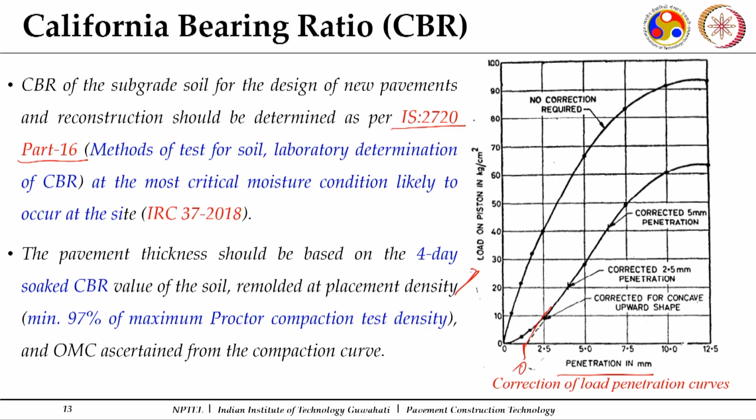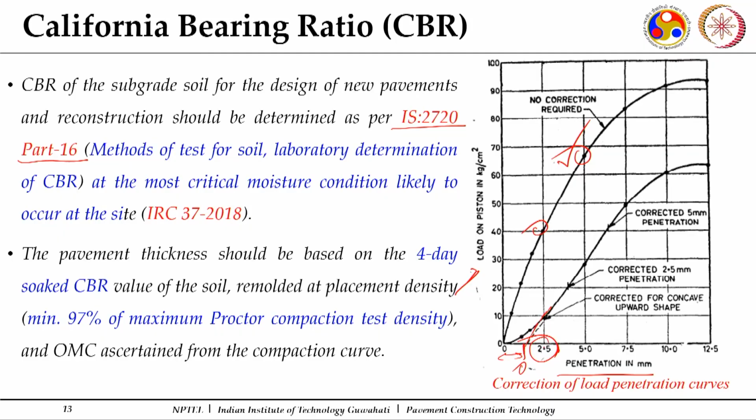So, the load-penetration curve needs to be examined to see whether a correction is required or not, and then you look at the load corresponding to 2.5 mm. Once the correction is applied, this value will shift slightly by the amount of shift on this side. In this case, there is no correction required. So, you will be looking for this particular value and for this one.